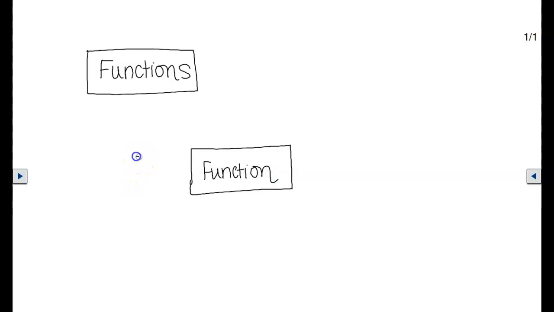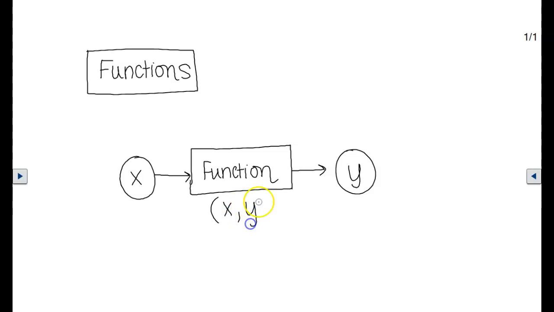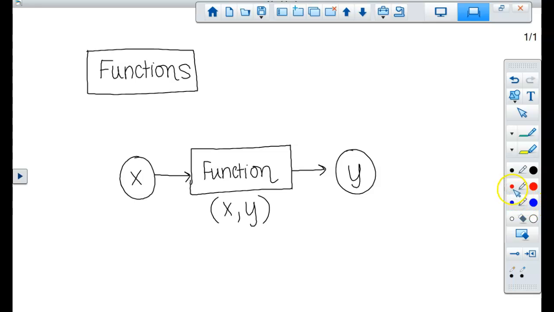The job of a function is to take an x and to connect that x to a y. That creates ordered pairs, where x's are connected to y's.